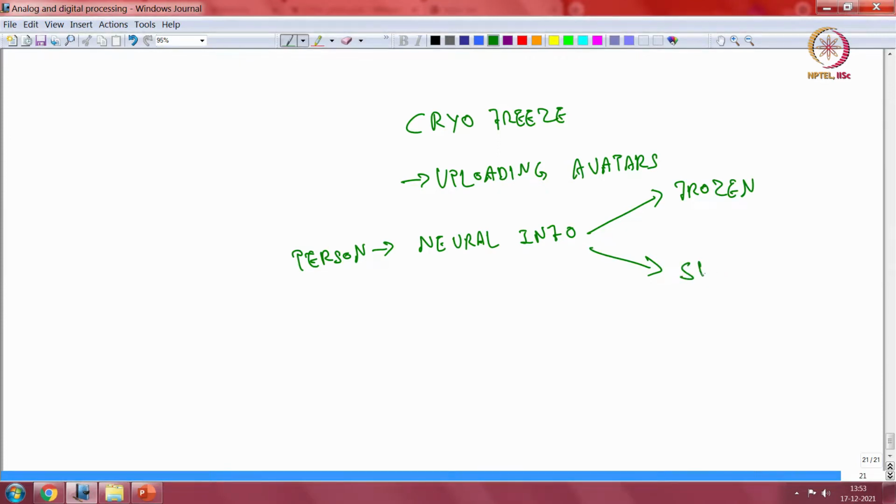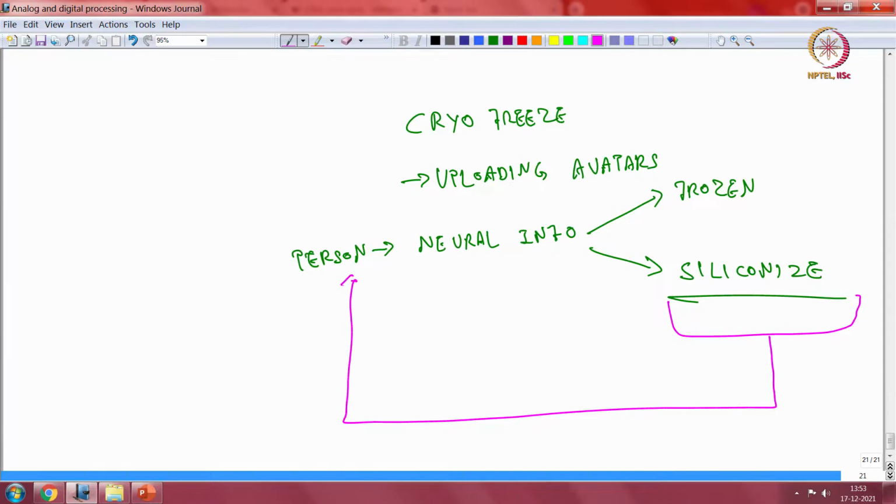So, we siliconize. How do you siliconize? Not only that, it is not sufficient to do that because it would be a very useless exercise. The idea is to bring back the person from these entities.